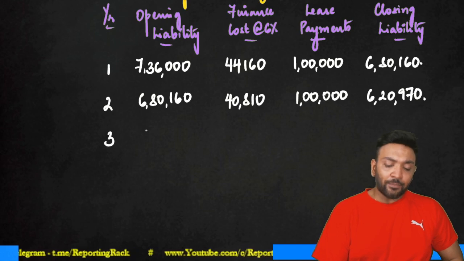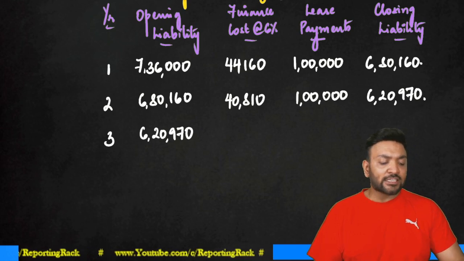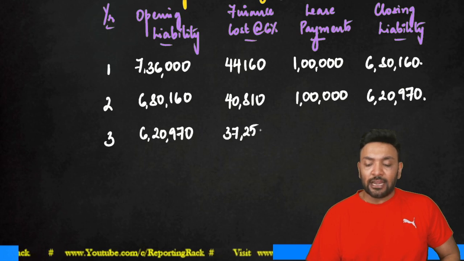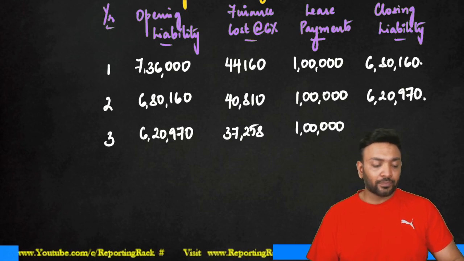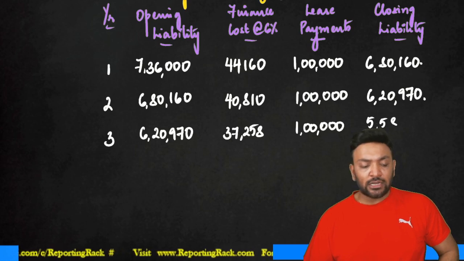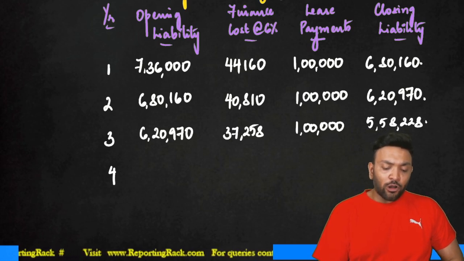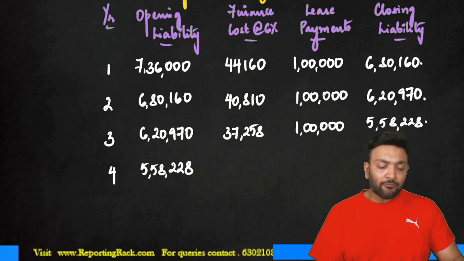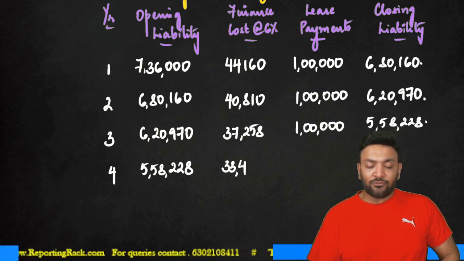Continue for year 3 then. 6,20,970. Add it with 6% of interest charge, 37,258. Reduced by the lease payment every year, 1 lakh. It will give me 5,58,228. Year 4, 5,58,228. Finance charge at the rate of 6%, 33,494.